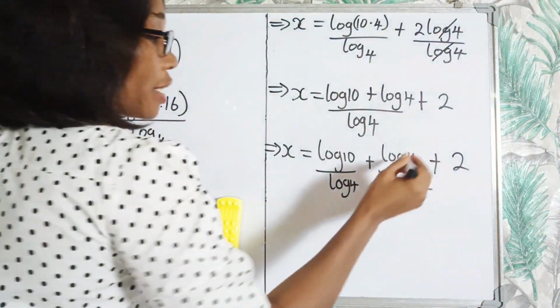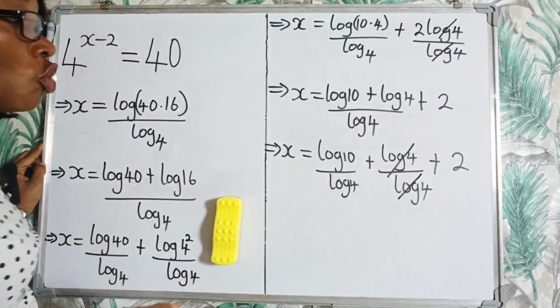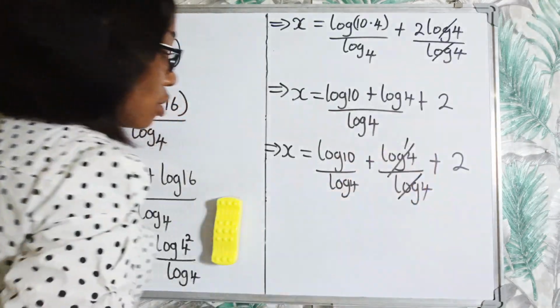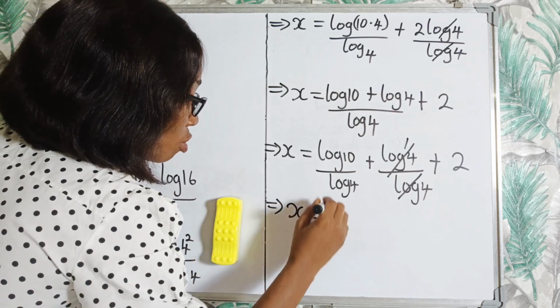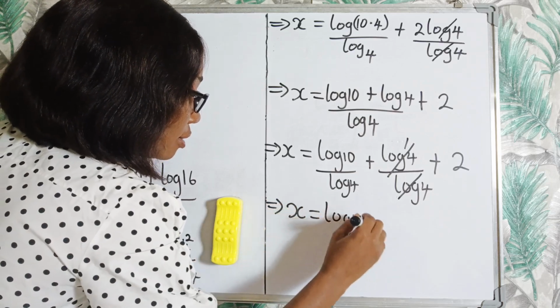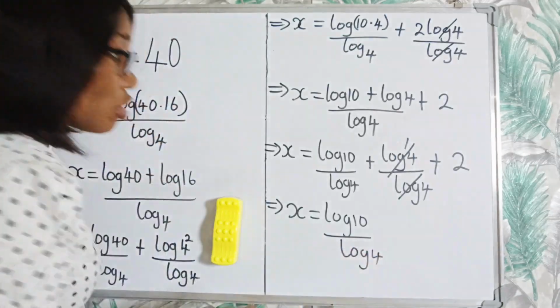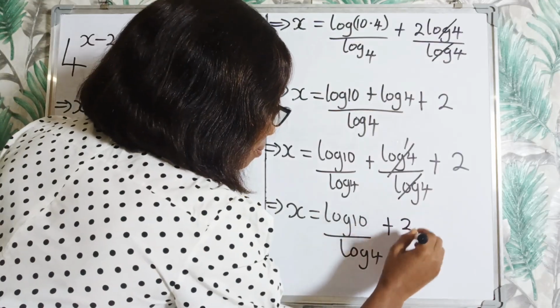Okay, so over here, log 4 will cancel log 4 and we'll be left with 1. Log 4 divided by log 4 is 1. So here we are going to have x is equal to log 10 divided by log 4. So here 1 plus 2 will be plus 3.